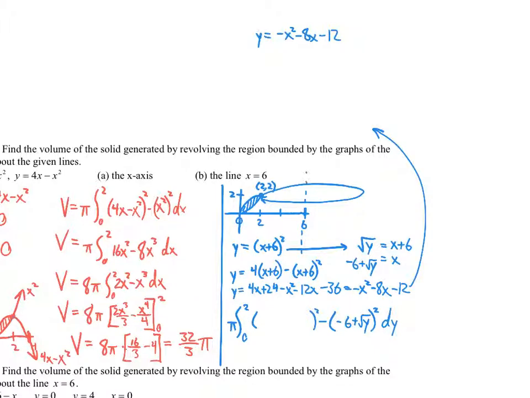Oh, you're saying bring it over here, y plus 12, and then factor out the negative, negative x squared plus 8x, which equals negative x multiplied by x. Then we'll factor out the x, and then we get x plus 8, which still does not work. Yeah, it still does not work.